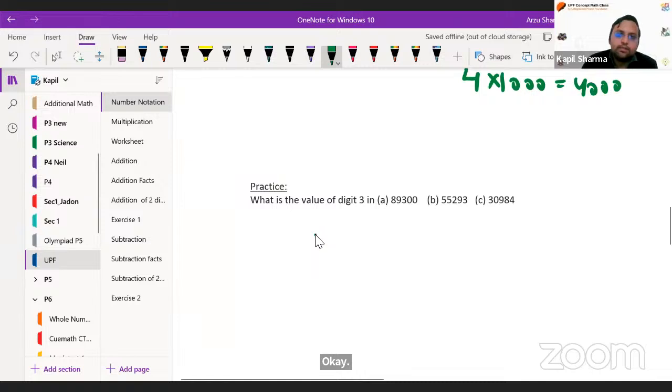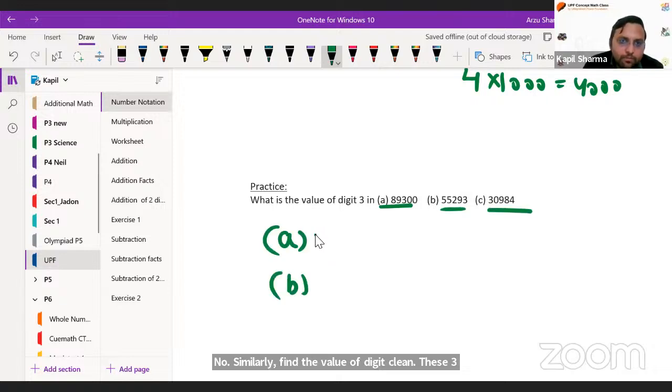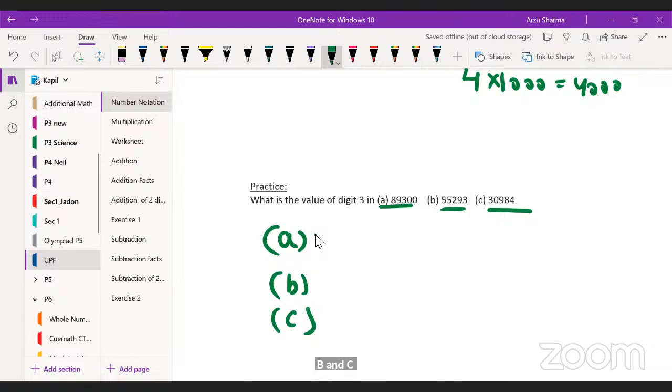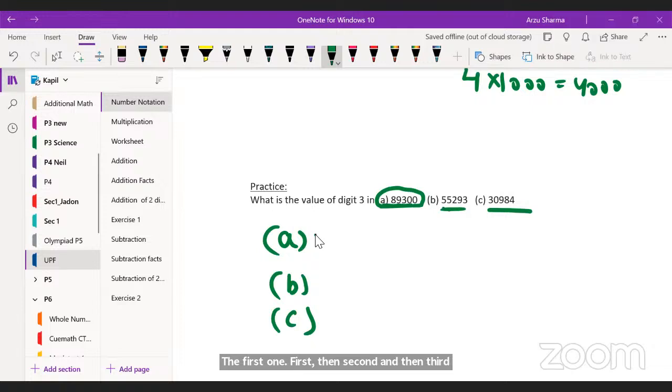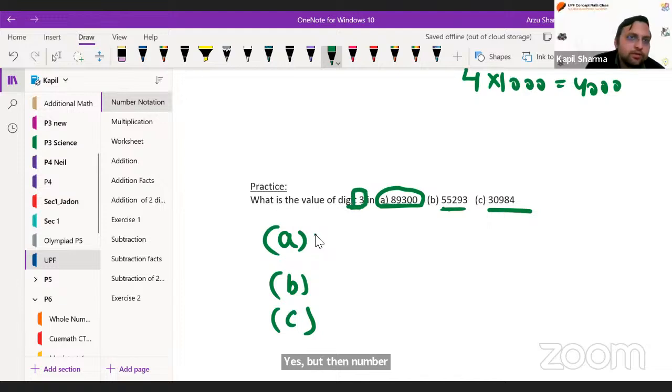Now, similarly, find the value of digit 3 in these three numbers, starting with A, B, and C. The first one, then second, and then third. Digit 3.